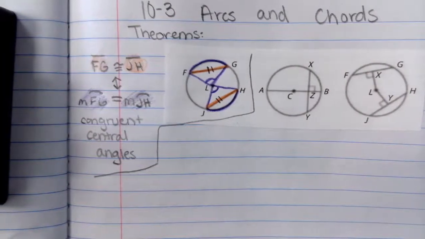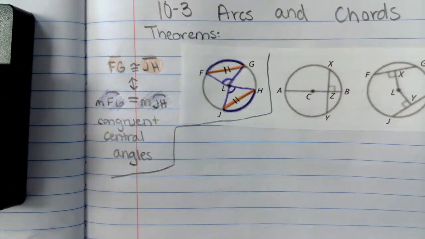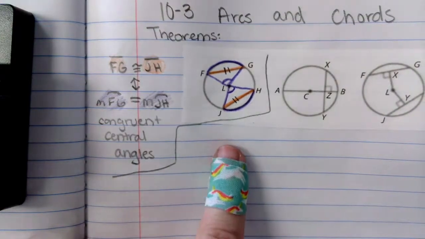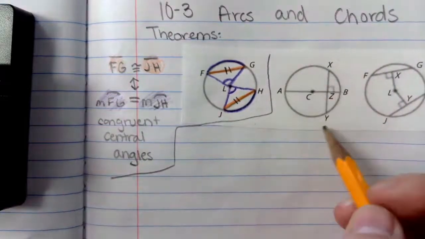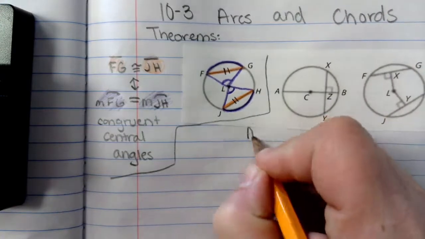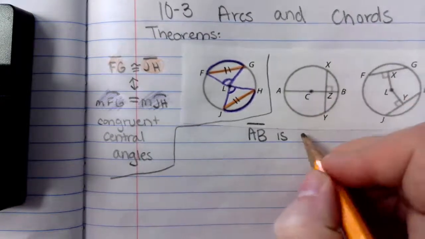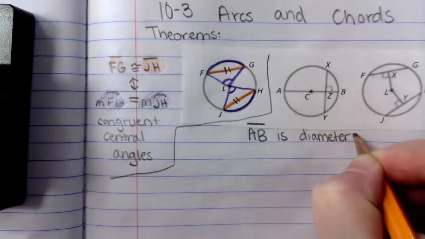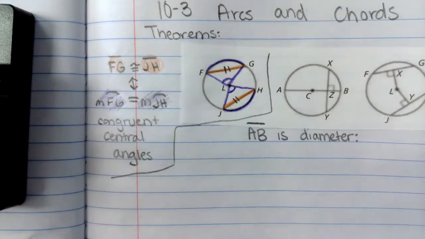Okay, so if I know that AB is a diameter, and it's perpendicular, does anyone remember what perpendicular means? They cross at how many degrees? 90. It's perpendicular to the chord. So it's perpendicular to, what's our other chord we have in this circle? XY.